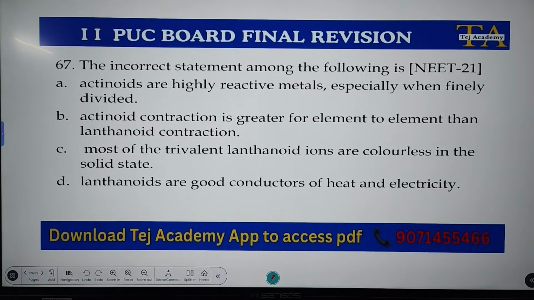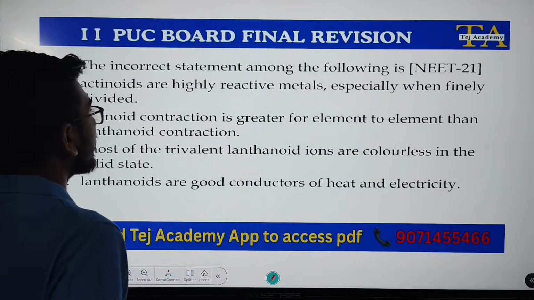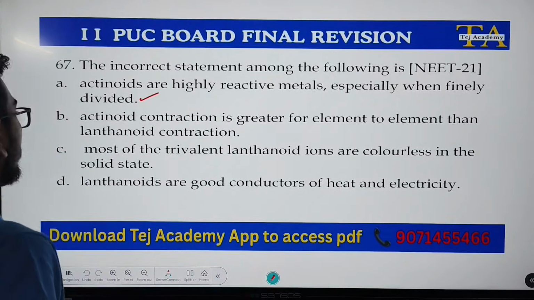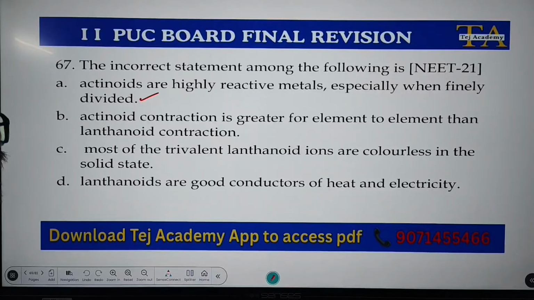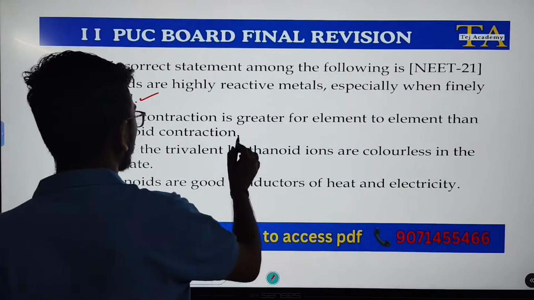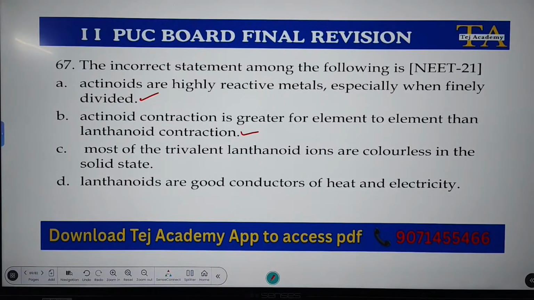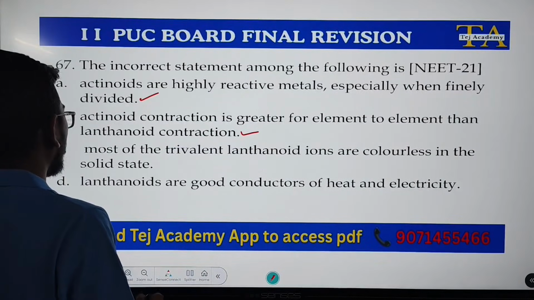The incorrect statement among the following is: actinides are highly reactive metals, especially when they are finely divided. Correct. Actinide contraction is greater from element to element than lanthanide contraction. Correct. Most of the trivalent lanthanide ions are colorless in the solid state.